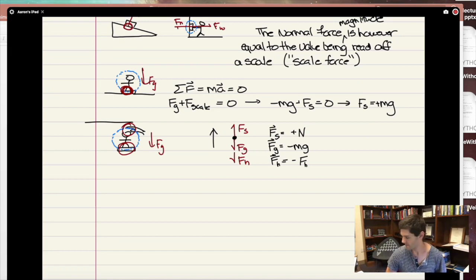So now there are 3 forces acting on you. So then, what does Newton's law say then? Sum of the forces equals your mass times your acceleration, which, again, if you're remaining still, is just 0.